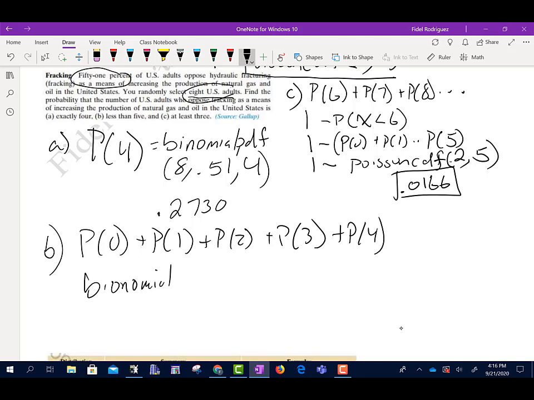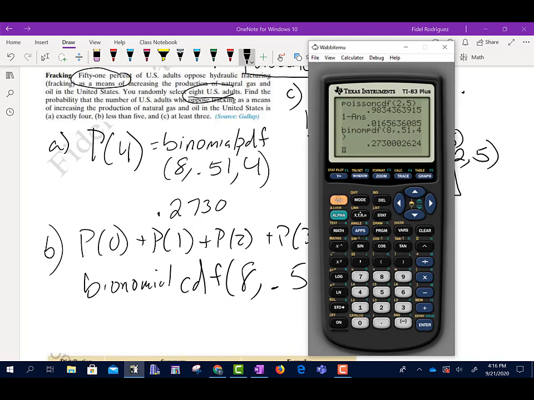So here, guys, we can actually go binomial Cdf with still 8, still 0.51, and we went up to 4. Okay. So I'm going to do the same thing we did before. We're going to go second vars. We're going to scroll down here. Binomial Cdf, past it. There we go.